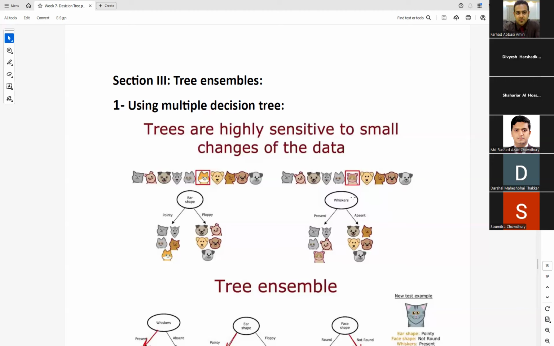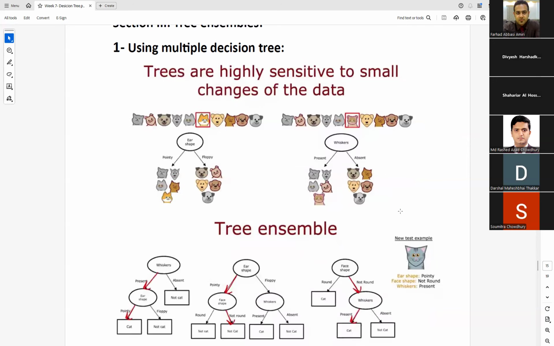You should split the data on whiskers, not ear shape. And then your left branch and right branch are different. So you see, just by changing the data set a little bit, just the ear shape from pointy to floppy, the architecture of your decision tree changed from ear shape to whiskers, right? So that's why we need tree ensembles, a group of decision trees.